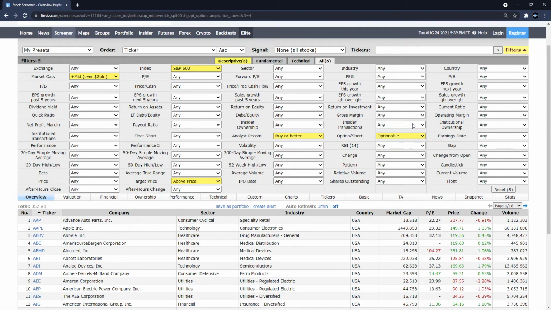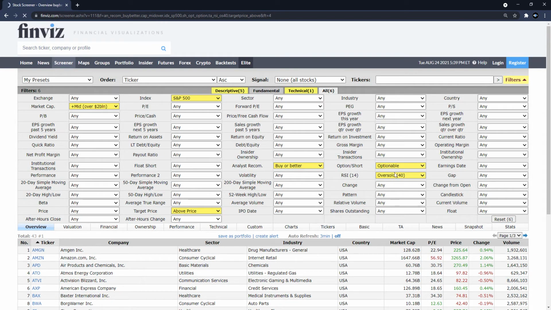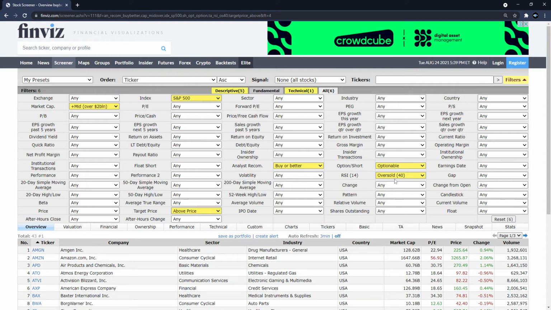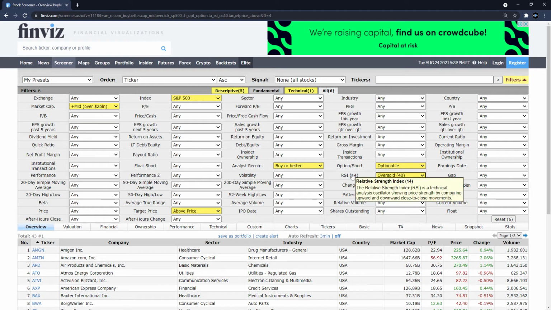Also, what you want to do is fill out the RSI 14, the relative strength index. It is a technical analysis oscillator showing price strength by comparing upward and downward close-to-close movements. What you want to fill in right here is oversold 40. I sometimes do it around oversold 30 or 20, but I just do 40 right here.